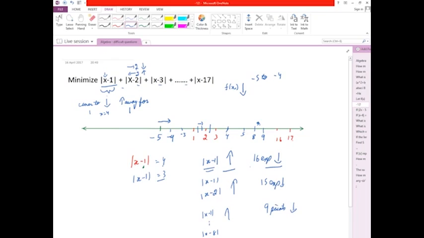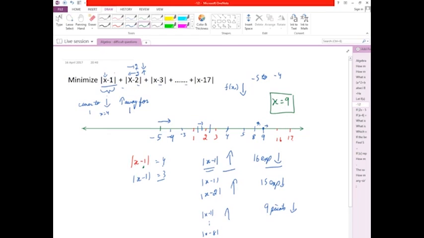When I reach x is equal to 9, as soon as I move away from x is equal to 9 to more right, 9 expressions' value will increase, 8 will decrease, the function overall will increase. So my minimum value will come at x is equal to 9. So you can substitute x is equal to 9 in that expression and get the minimum value.